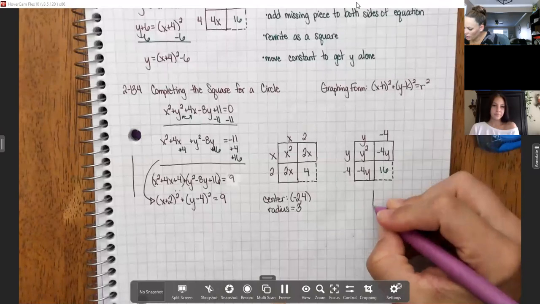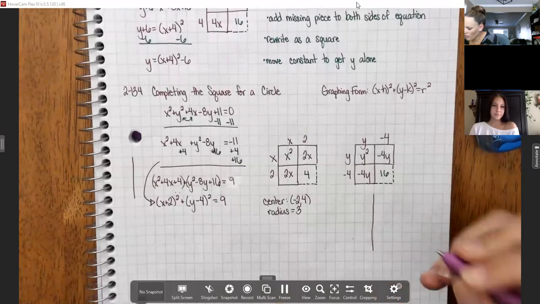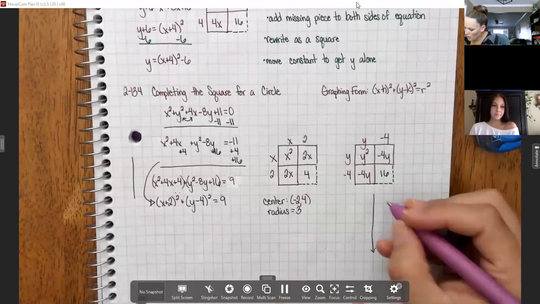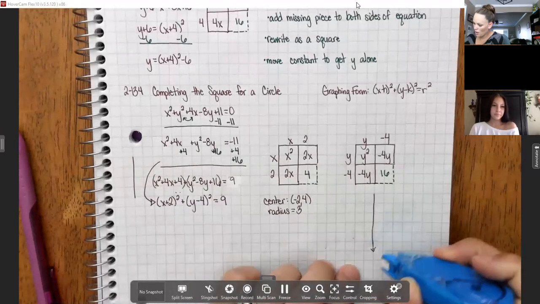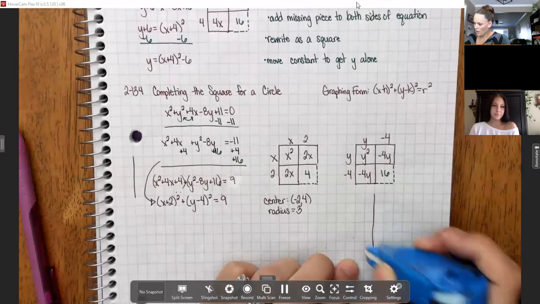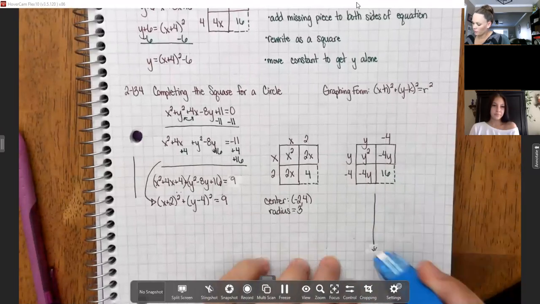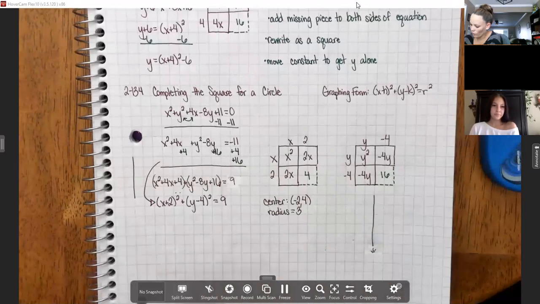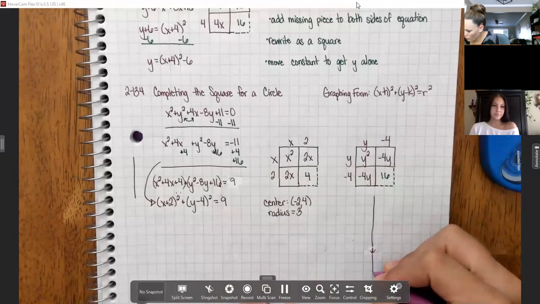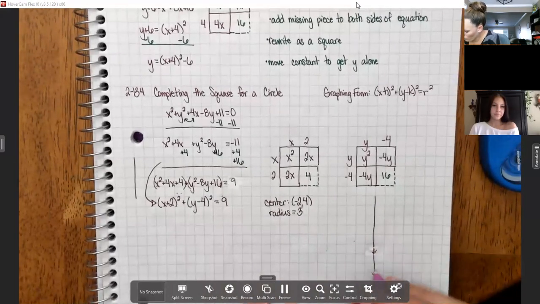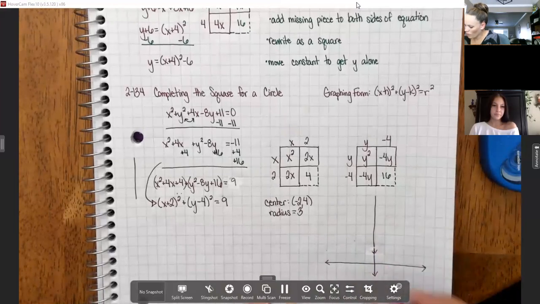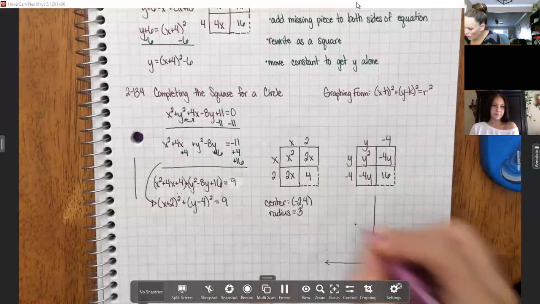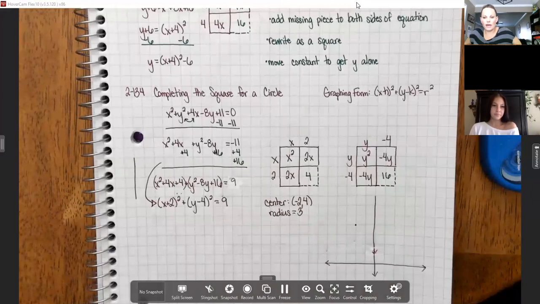It does ask us to sketch our circle here. I probably need that a little bit taller. So we know our center is there at negative 2, 4.